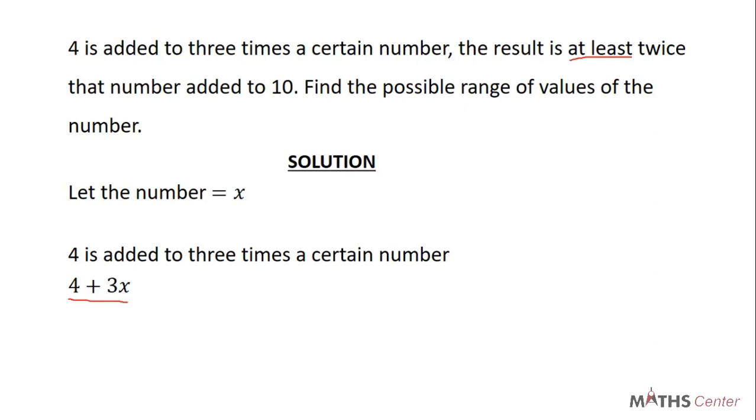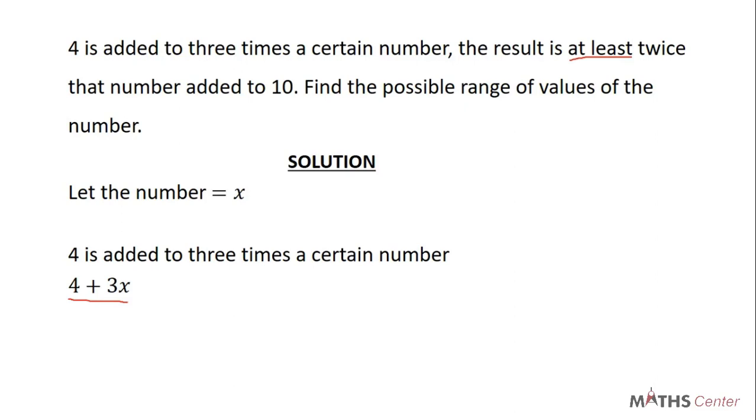It means 2 or more books. Mathematically, that means greater than or equal to 2 books. So whenever you see the statement at least, the inequality sign you are going to use is greater than or equal to.